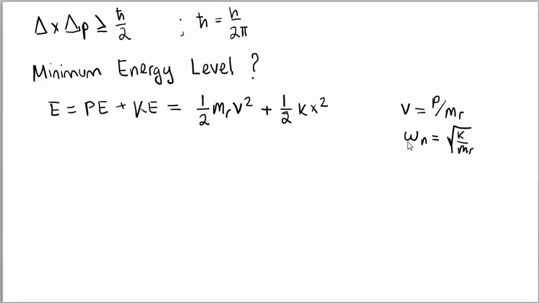Okay. So knowing these parameters, we can simplify this energy equation a little bit. So E is equal to 1/2 the momentum p squared over the reduced mass, plus 1/2 of the natural frequency omega n squared times the reduced mass times x squared.